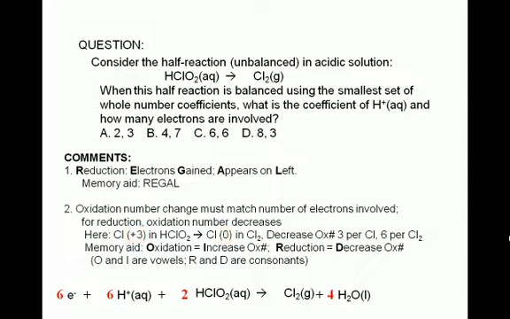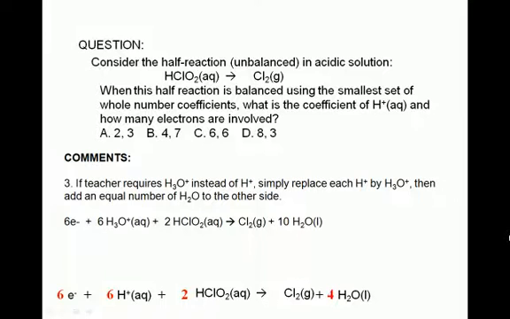Therefore, the oxidation number of chlorine decreases by 3 for each chlorine atom. Since there are 2 chlorine atoms in each diatomic chlorine molecule, the total oxidation number change is 6. This is, in fact, an alternative way of determining the number of electrons required to balance the half reaction. You may see this method in some textbooks.